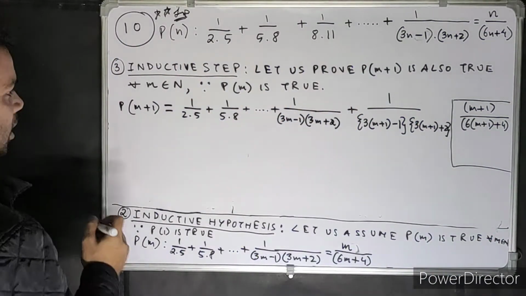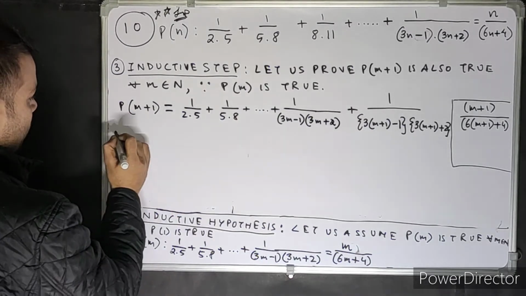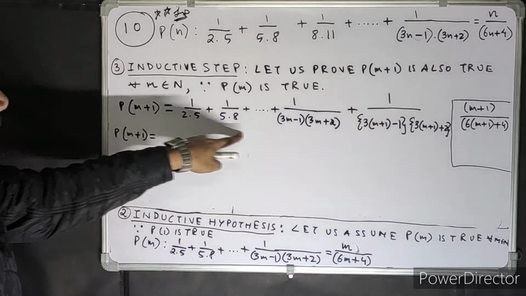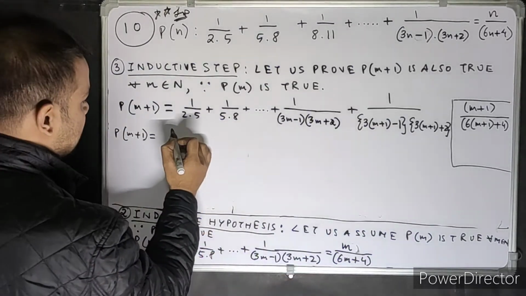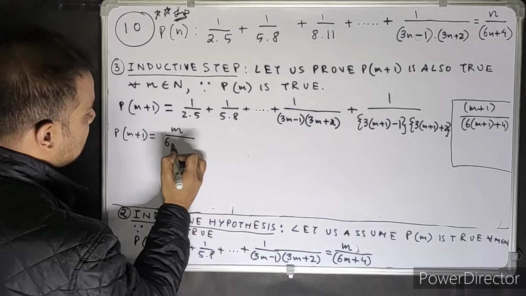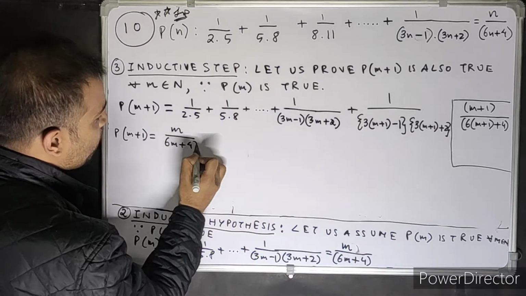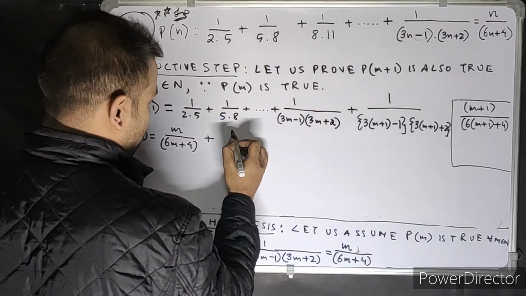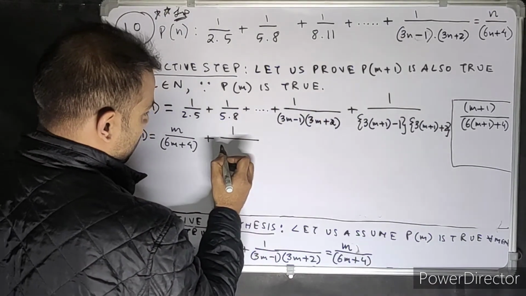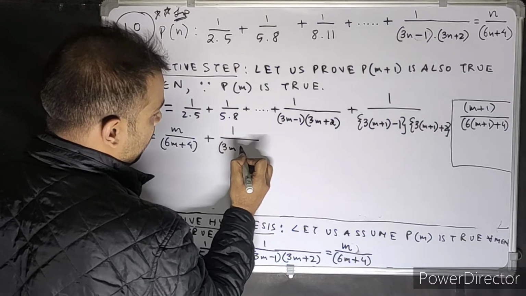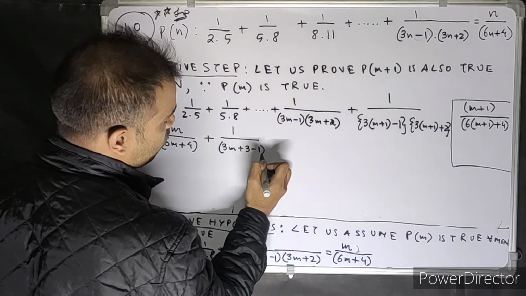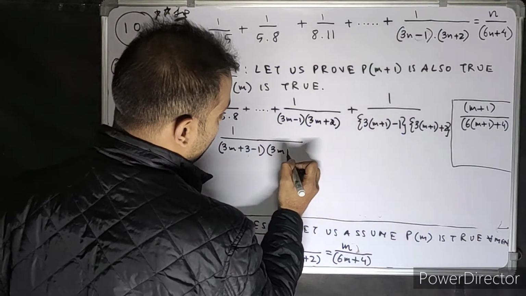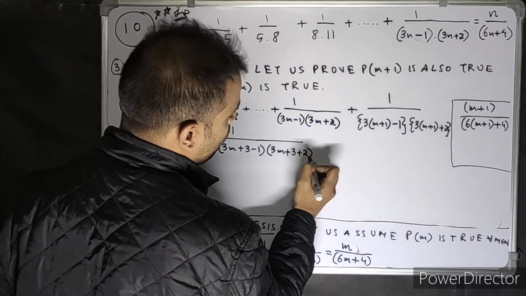Now from here, what do you have to write? P of m plus 1 is equal to what? This part is here, that is m divided by 6m plus 4, plus the rest: 3m plus 3 minus 1 divided by 3m plus 3 plus 2.